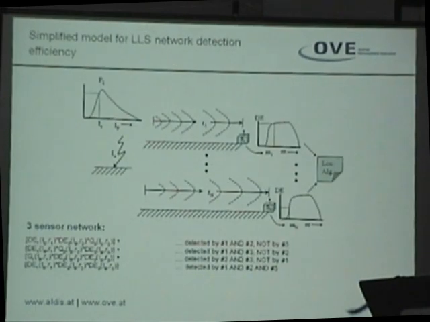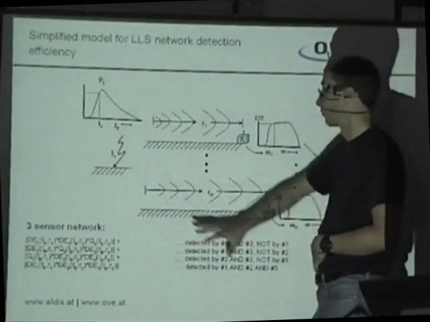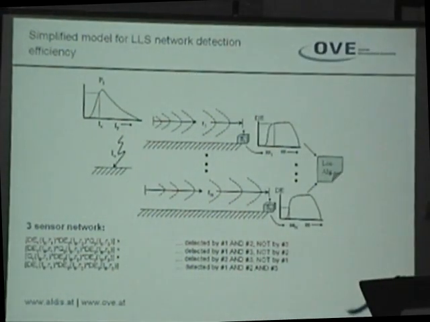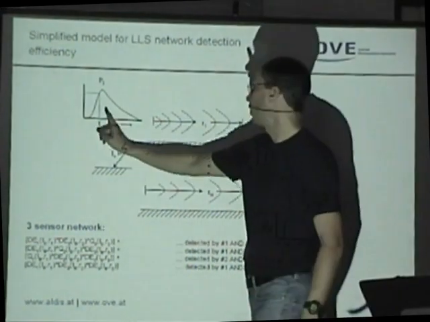So, how can we now use this information for a detection efficiency model? What you have to do is the following. You start from a peak current distribution, and you take, for example, a certain peak current.